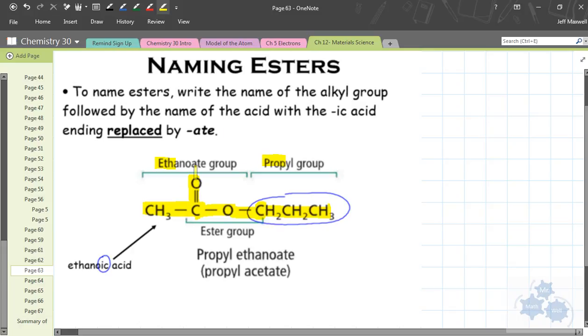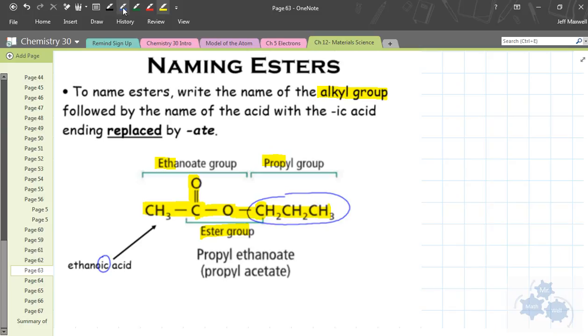So we name the chain that is part of this oxygen bonding. That is the alkyl group, and here's the ester group. So we name this group first, the alkyl group. This is 1, 2, 3, meth, eth, prop.